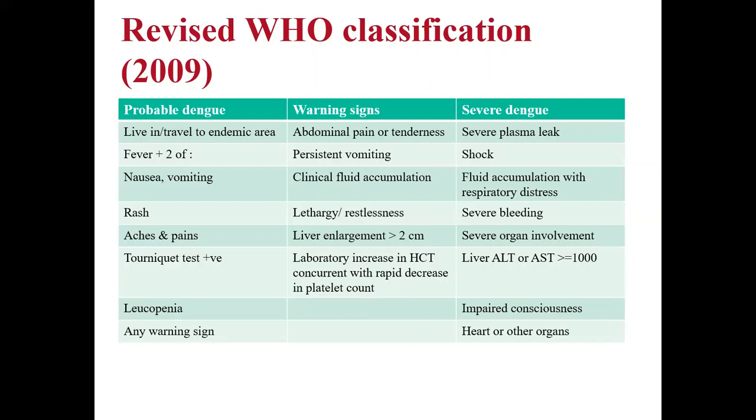Probable dengue: lives in or travels to endemic areas, with fever along with two or more other presentations like nausea, vomiting, rash, aches and pains, positive tourniquet test, leukopenia. Warning signs include abdominal pain, tenderness, persistent vomiting, clinical fluid accumulation, lethargy, restlessness, liver enlargement of more than 2 centimeters, and laboratory increase in hematocrit concurrent with a rapid decrease in platelet count.